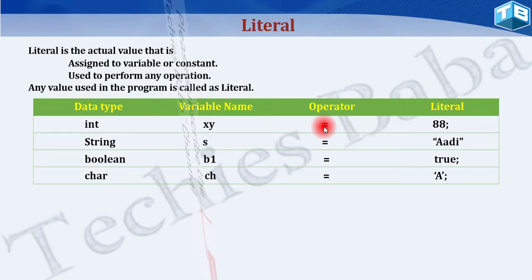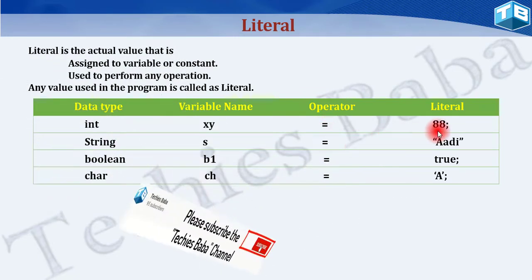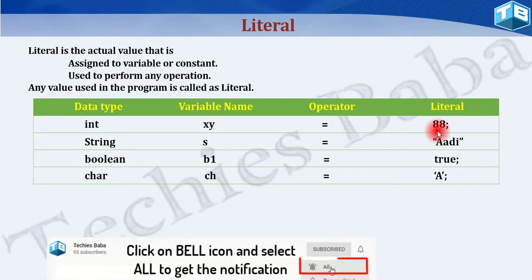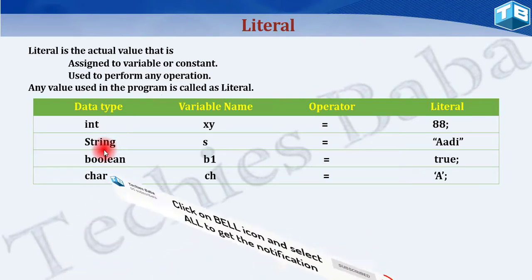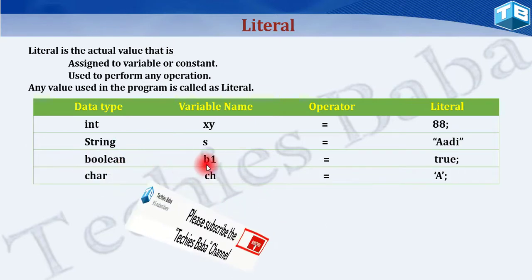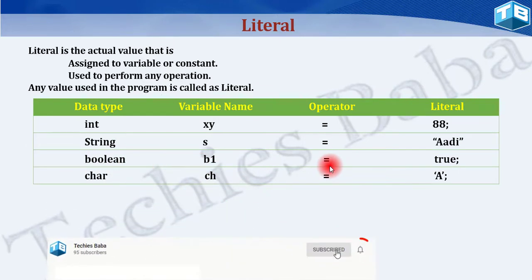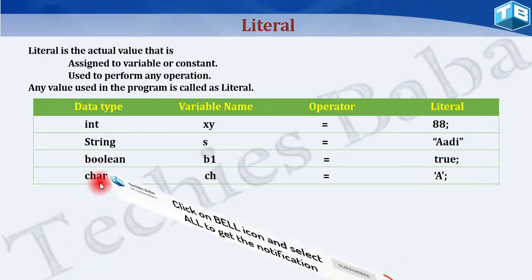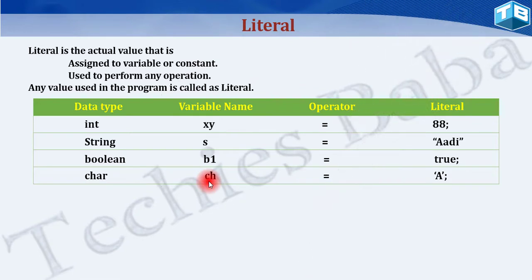And 88 is the literal, the actual value. Similarly for the string, string is the data type, s is the variable name, equals is the operator, and adi is the actual value. Boolean is the data type, b1 is the variable name, equals is again the operator, and true is the actual value, the literal. Char is the data type, ch is the name of the variable, equals is the operator, and a is the literal, the actual value.